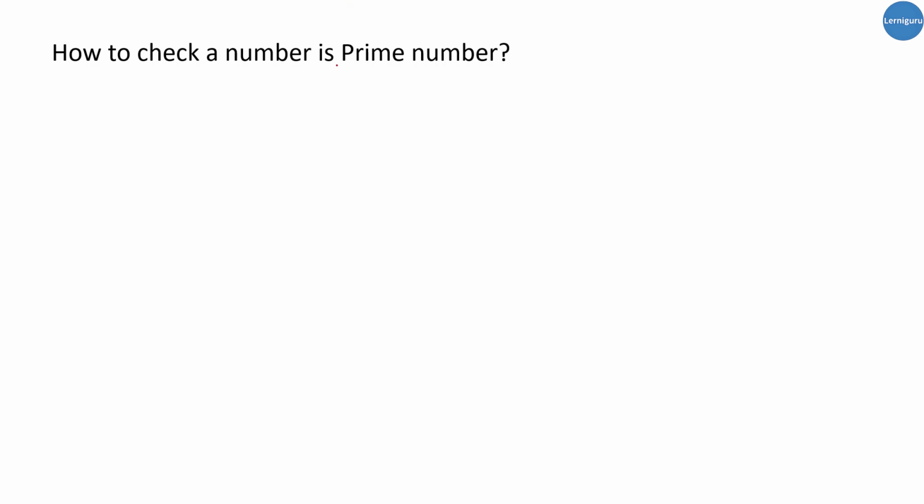Now, how to check whether a number is prime or not. Let's take an example like 137. I'm going to tell you the complete algorithm to check whether a given number is prime or not. We want to find out if this is prime or not. So the first step is to take the square root of the number. The square root of this number is between 11 and 12. You don't need to find the exact value, you just find the approximation.